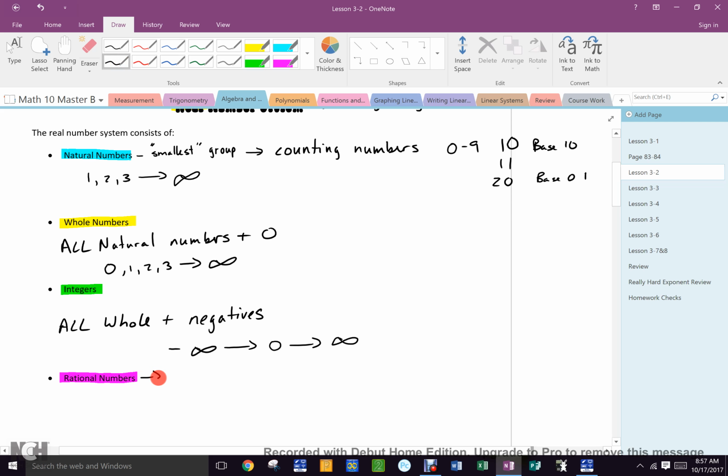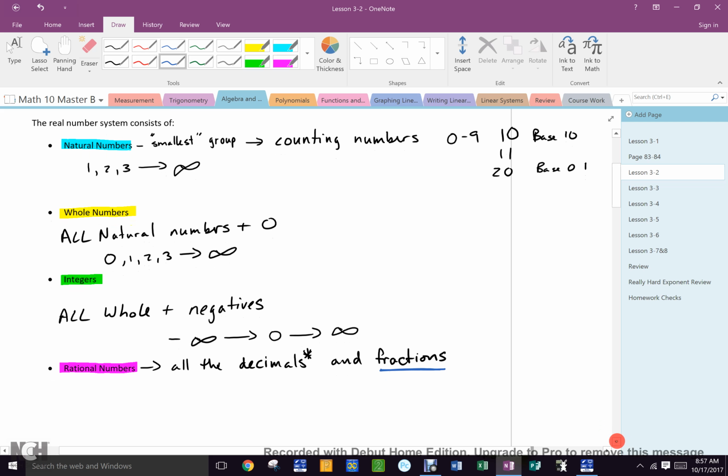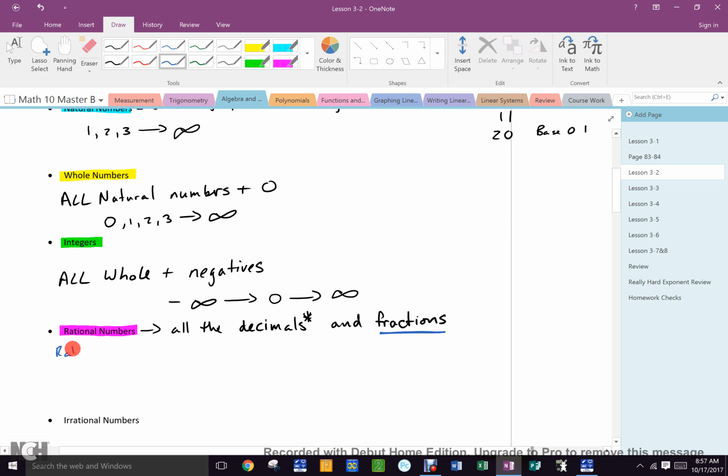Rational numbers are all the decimals and fractions. Now, I want you to put a little star by decimals, and I want you to underline fractions. And this is why. A rational number is anything, and I'm highlighting anything, is anything in this form.